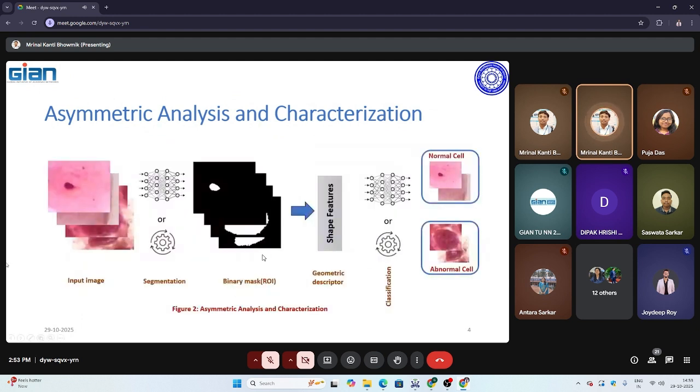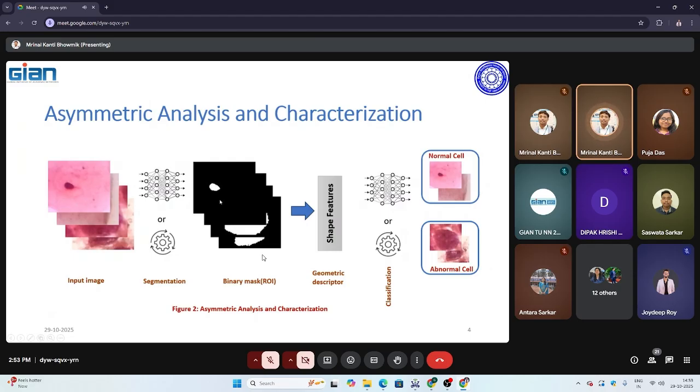Here you can see this is the input image. The first step is to create the binary mask of this input image. That is, you have to segment the nucleus portion from the whole cytological image.